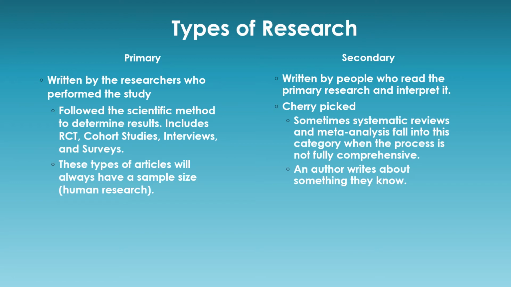So I want you to be really careful when you look at systematic reviews, even sometimes meta-analyses. They could potentially fall into this category if the process that they used in order to research articles wasn't fully comprehensive.